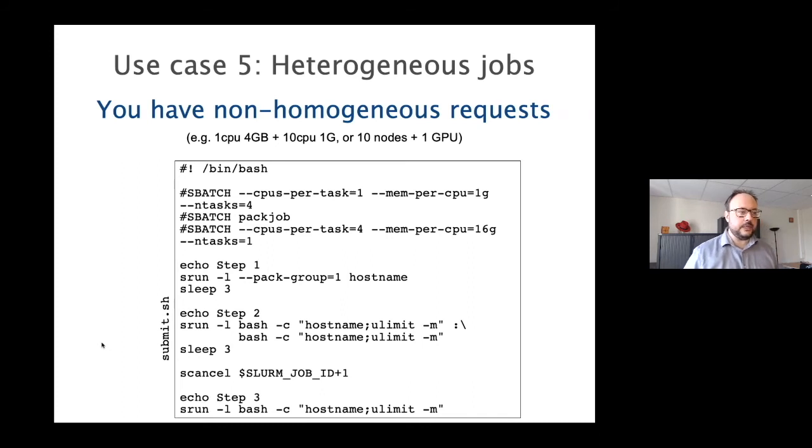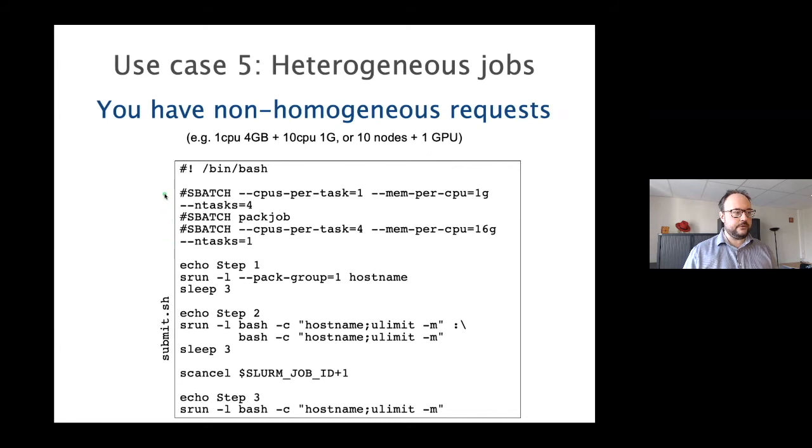Slurm in the latest versions has this notion of packed job, where you can have multiple #SBATCH lines separated by an #SBATCH packjob line and then another line here.